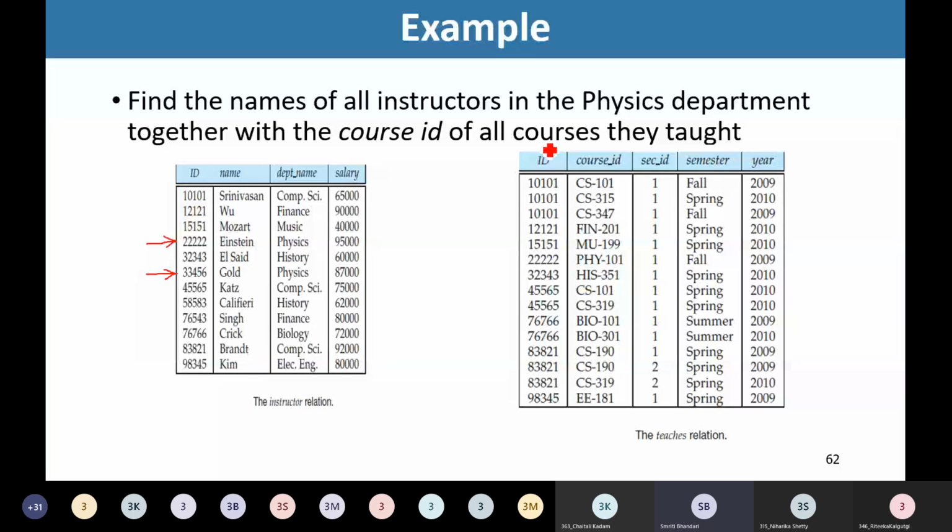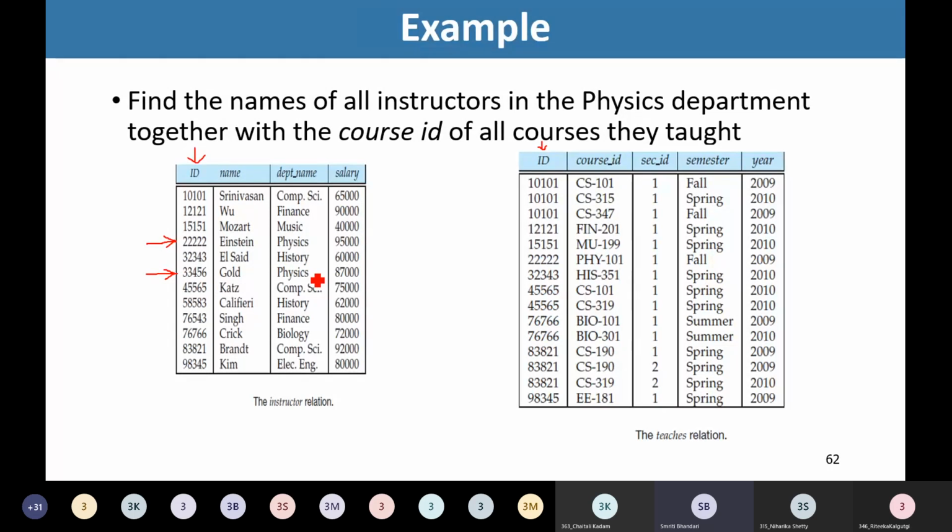So we have the common attribute, that is instructor ID, in both these relations. We know that 22222 is the ID of an instructor who belongs to the physics department. Also, we know that 33456 is the ID of an instructor who belongs to the physics department.